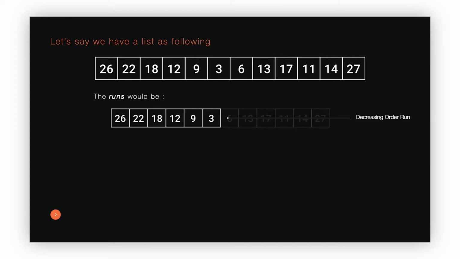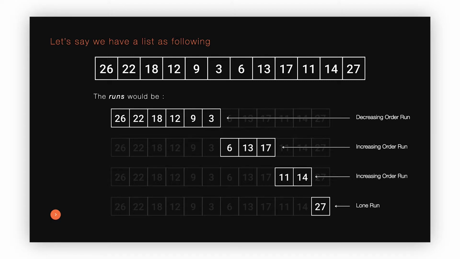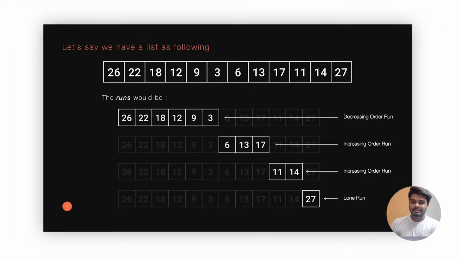Now since at 6 the previous run broke, the second run starts from there and it goes till where it breaks next. So elements 6, 13 and 17, which are in increasing order, become a second run. Similarly, the other runs can also be found in the list. Now note that we didn't take the condition of min run here. We'll do that in the next example.